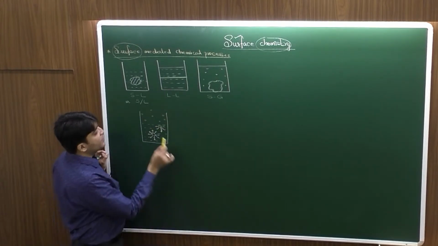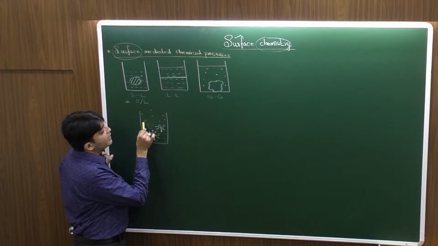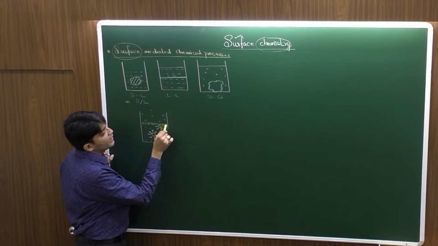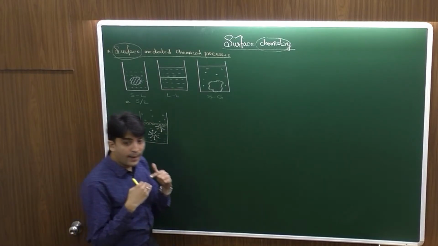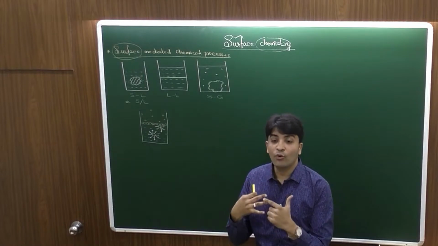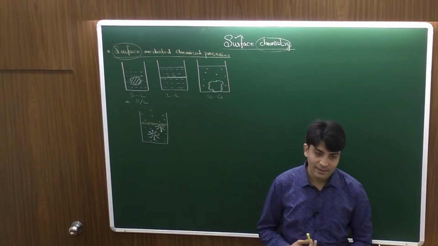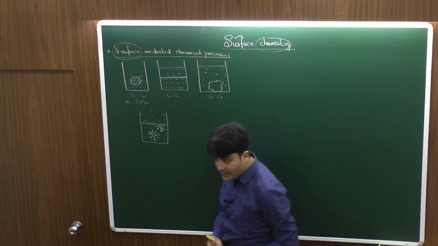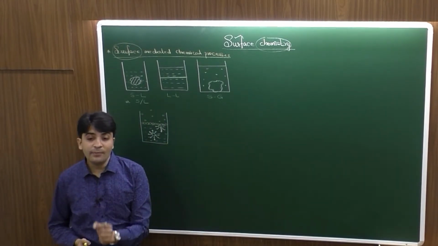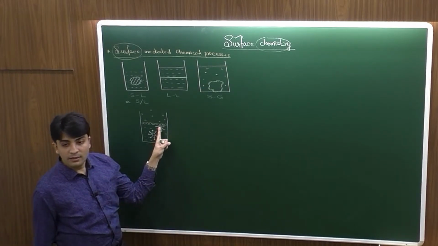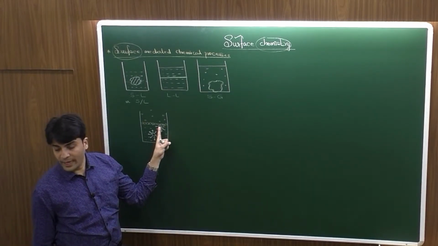So it will try to gather or accumulate the molecules on the surface so that the forces of attraction are balanced and the molecule will become stable, hence lowering the energy. Understood? So the surface reaction takes place because of the unbalanced attractive forces acting on the surface molecule.